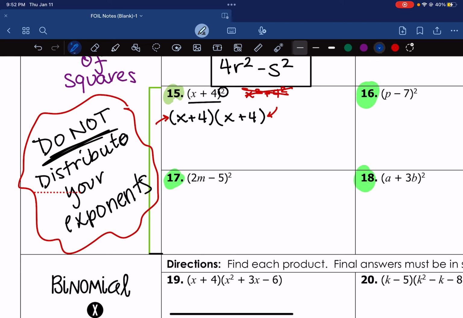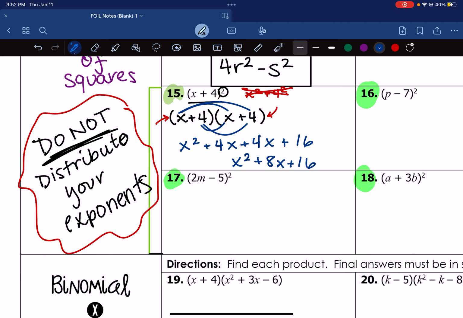Because now, from here, you go x times x, x times 4, 4 times x, 4 times 4. All right? That gets you to x squared plus 4x plus 4x plus 16. That is x squared plus 8x plus 16.